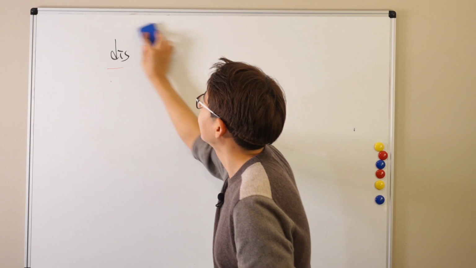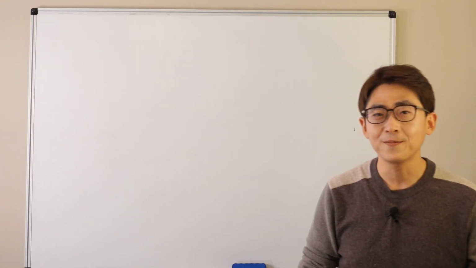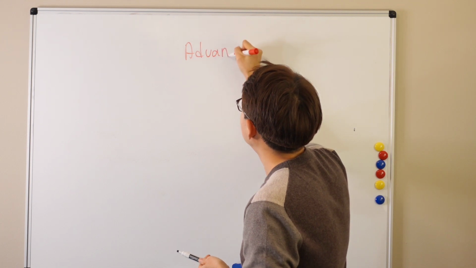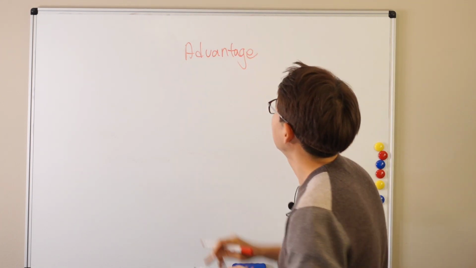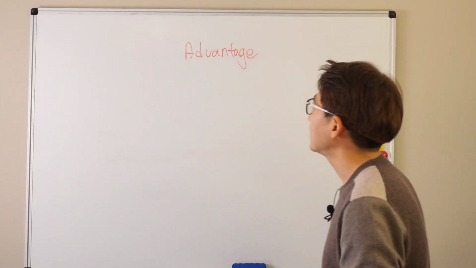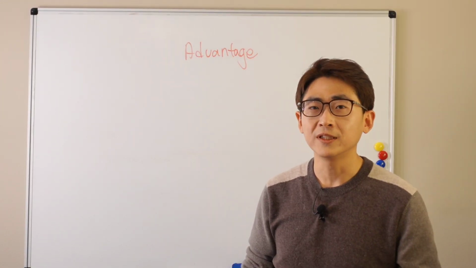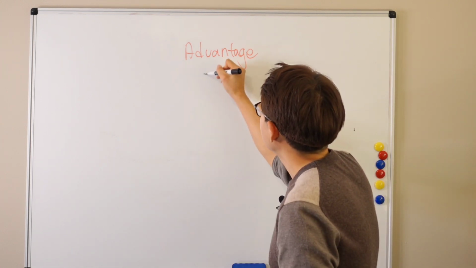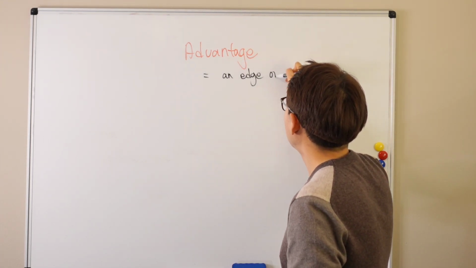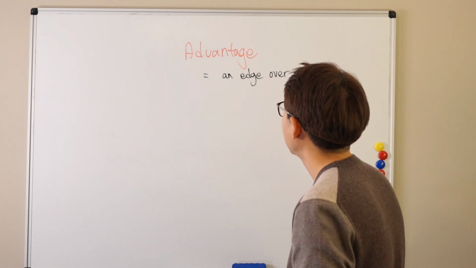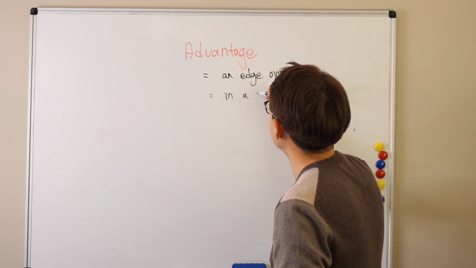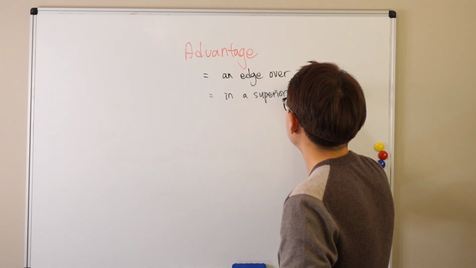Finally, our last example today, the number 10th, is advantage. Advantage, okay? We use this word a lot. A very powerful word, and it means on edge over something, okay? So you are in a superior position.